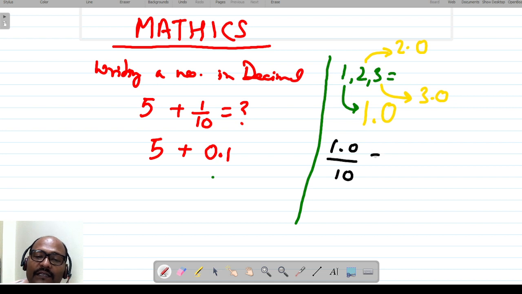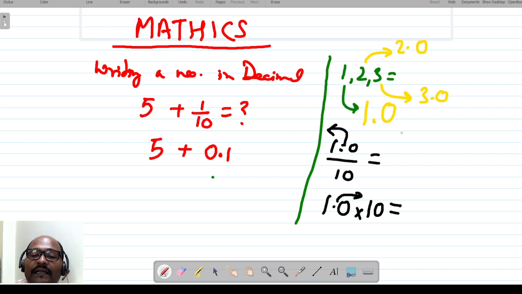When any number is divided by 10 or multiples of 10, then the decimal shifts towards the left position, right? And when a number is multiplied by tens or multiples of 10, then the decimal shifts towards the right. This is the case of multiplication, and sorry, I'm writing in the reverse direction, don't worry.